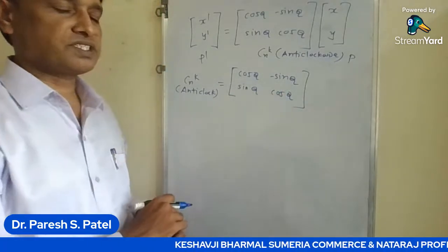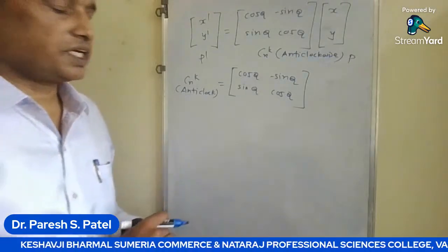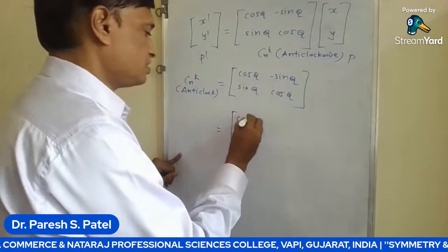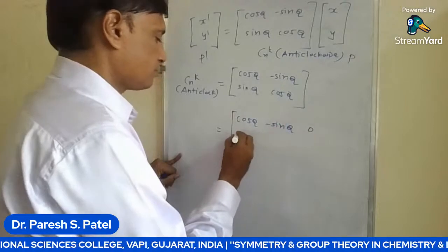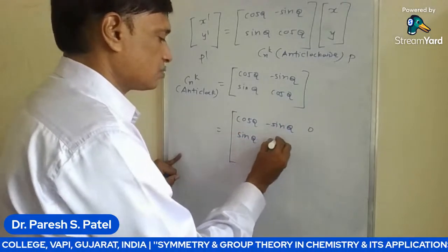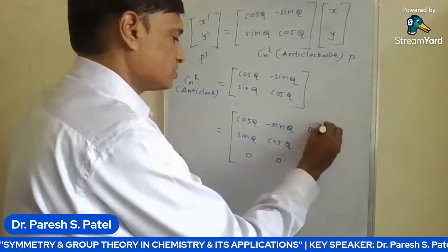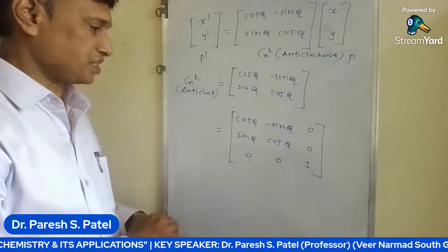Now this is a two-dimensional system. We can extend it to a three-dimensional system: cos theta, minus sin theta, 0; sin theta, cos theta, 0; 0, 0, 1. This is the matrix representation for anti-clockwise rotation.